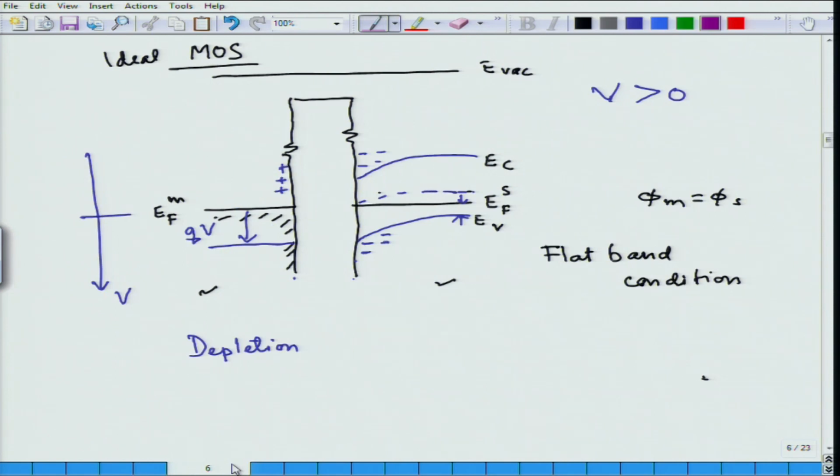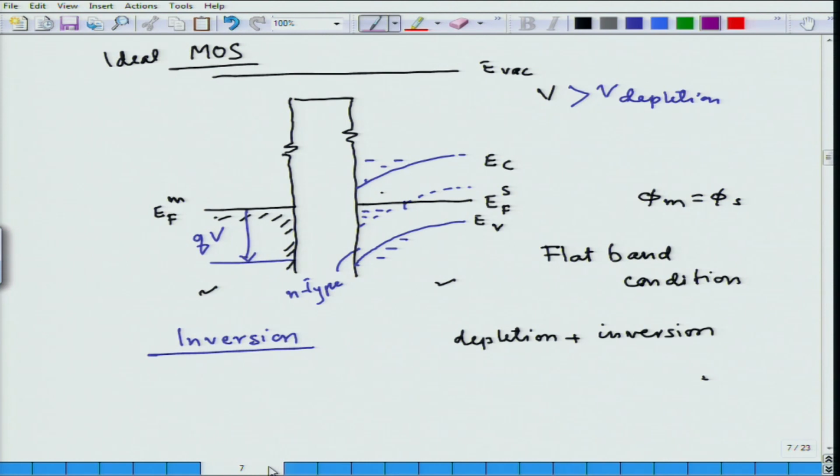So, if we look at now the charge distribution in the depletion condition, it is going to have positive charge on the metal side. This is the metal side x ox, and negative on the semiconductor side. This is for the depletion, q of s. Now, let us look at what happens when we come close to the inversion condition.